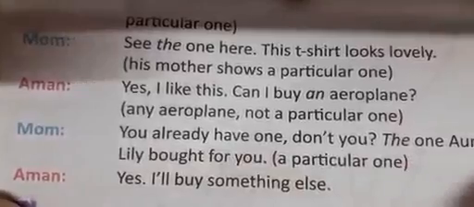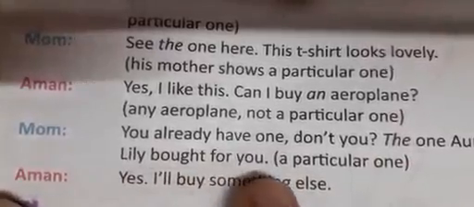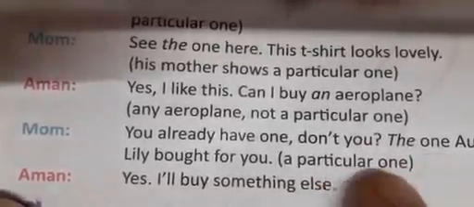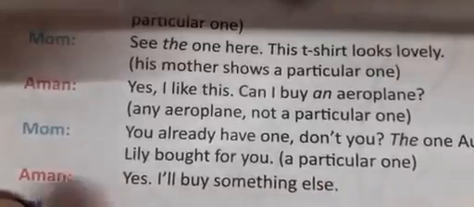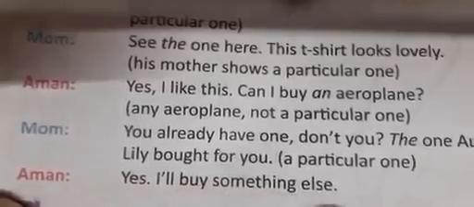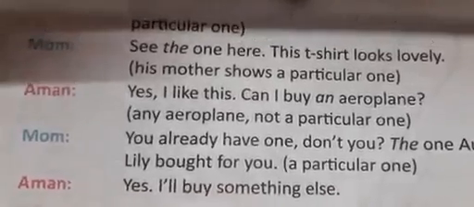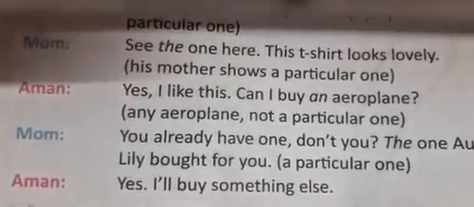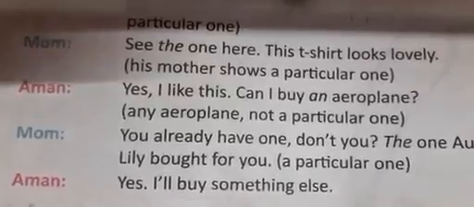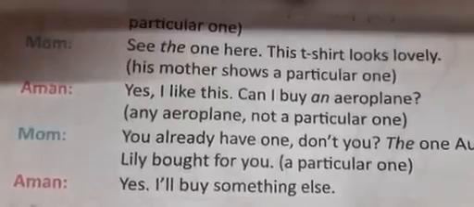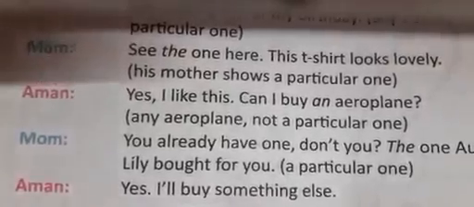The one Aunt Lily bought for you. A particular one. The one. She is talking about a particular one. Aman: Yes, I will buy something else. When we are talking about a particular thing, we use the, and when it is not a particular thing, any common thing, we use a.